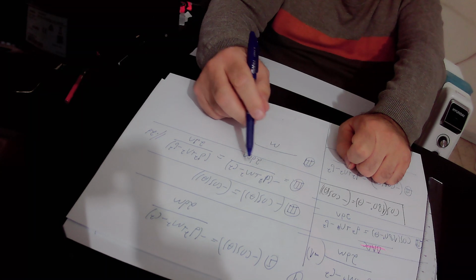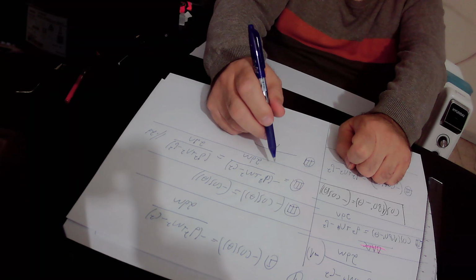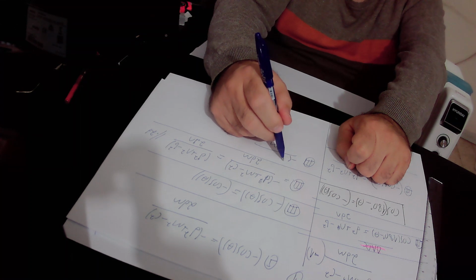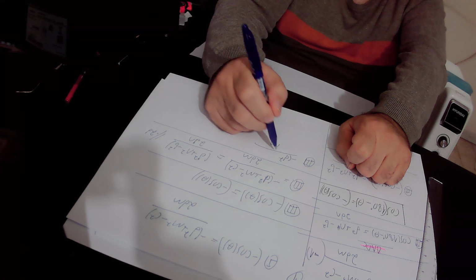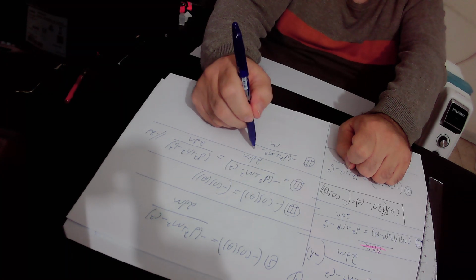The numerator didn't change, so it is minus d squared plus m squared minus c squared.